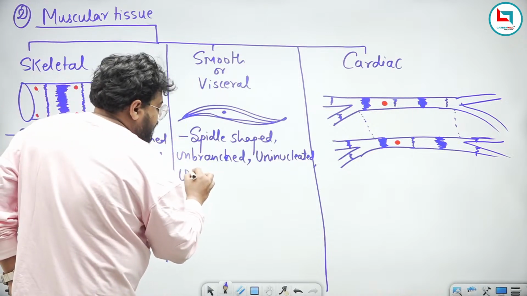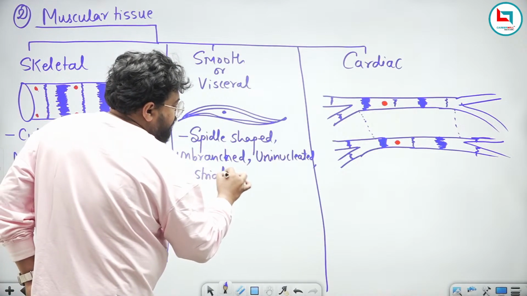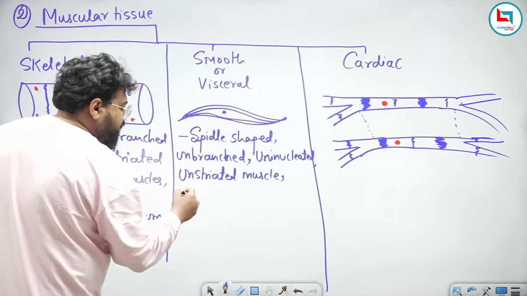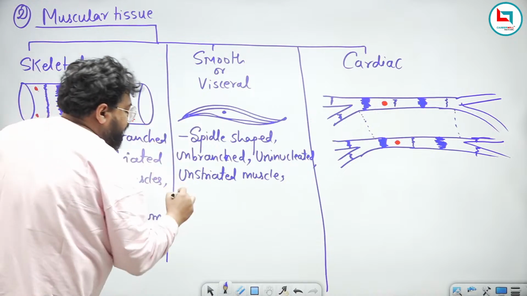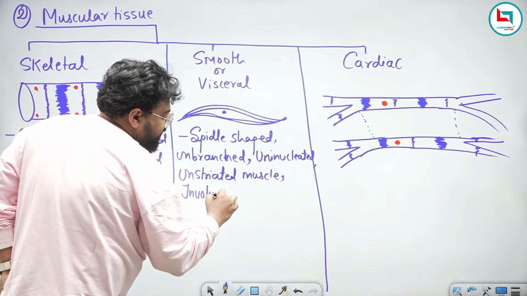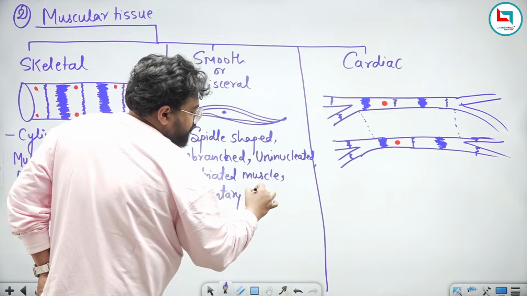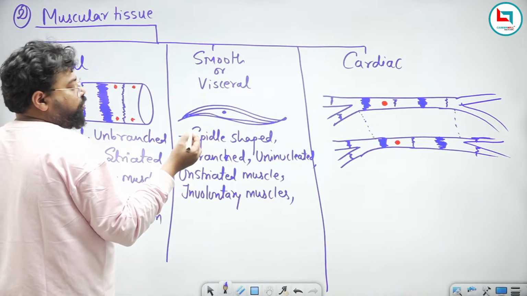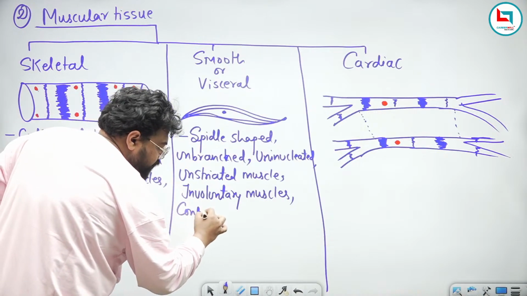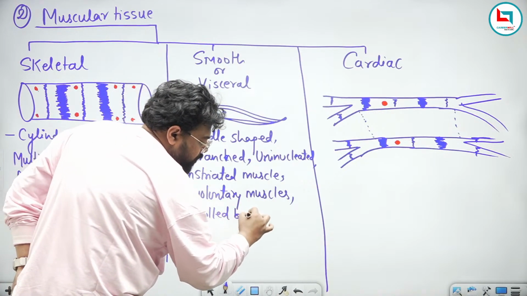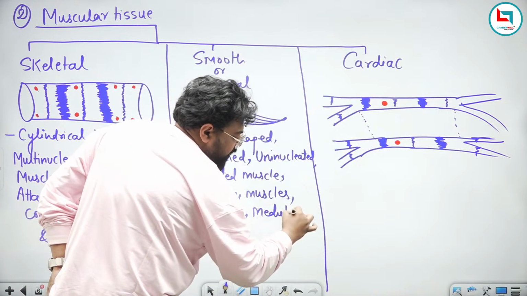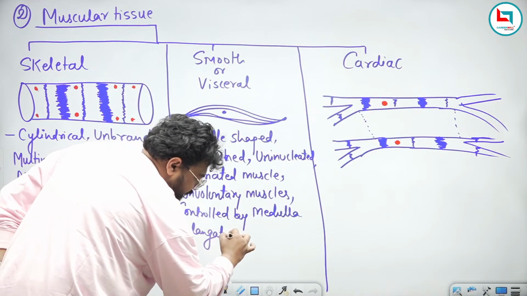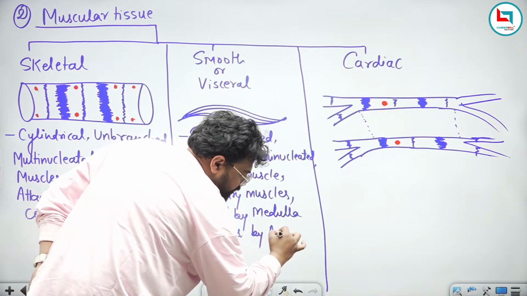So these are unstriated muscles. We cannot control these muscles with our will, so these are involuntary muscles, and these muscles are controlled by the medulla oblongata, which is the most important part of our brain, and by the autonomous nervous system.